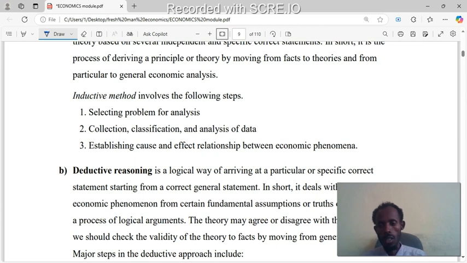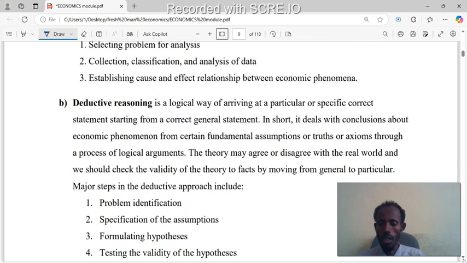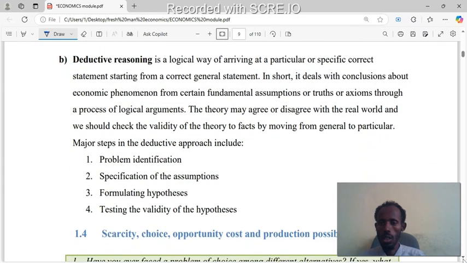In deductive reasoning, we start from a correct general statement to a correct specific statement. So they are opposite in the way we analyze.